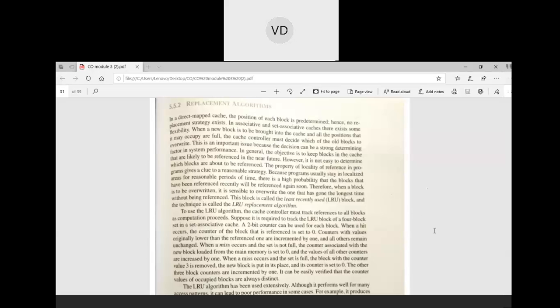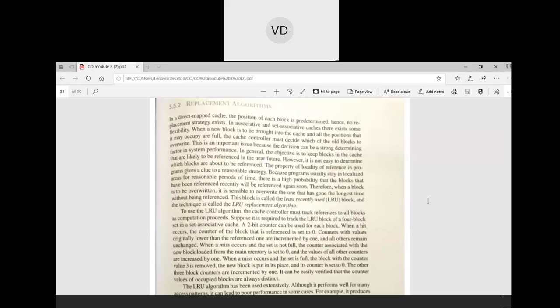Then block number 0 will have 2. Then block number 3 will have 3. So these are the new values. Only block number 2 has become 0, and blocks 0, 1 and 3 have been incremented.